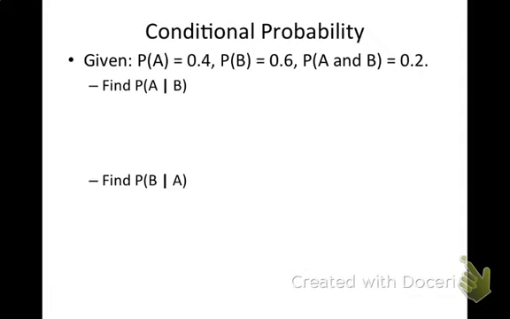So this next problem is also using conditional probability. The indicator that we're using conditional probability is this symbol right here. That straight line means given that.